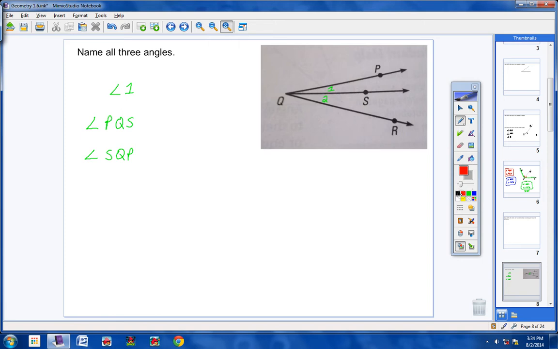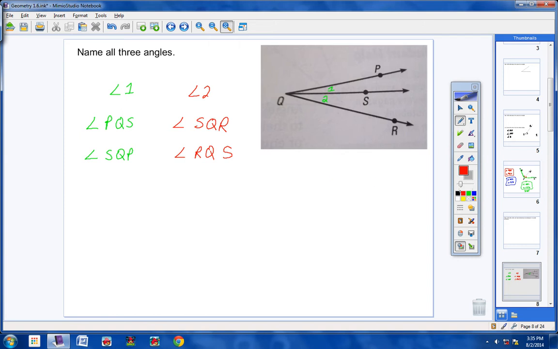All right, let's switch colors. Let's take a look at angle number 2. I'm highlighting it in red for you. There's angle number 2 right there. Let's give angle 2 a couple names, okay? You're welcome to call it angle SQR, or angle RQS. Either way is fine. It doesn't matter which one.